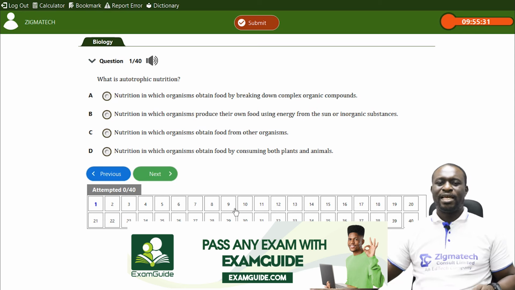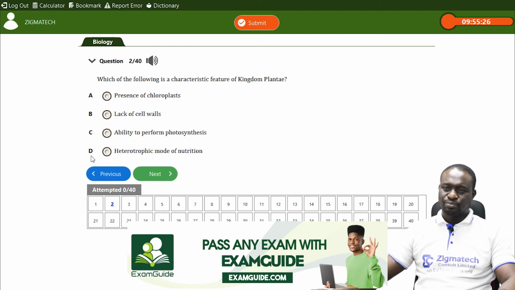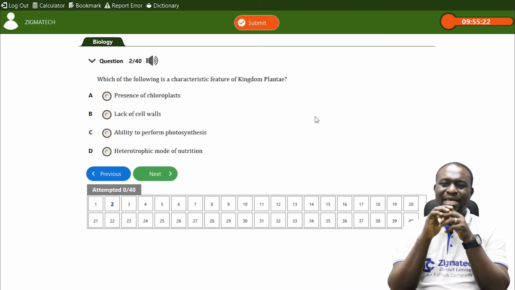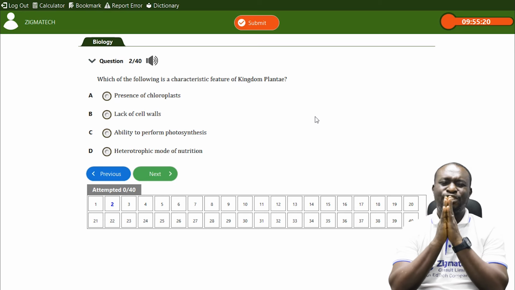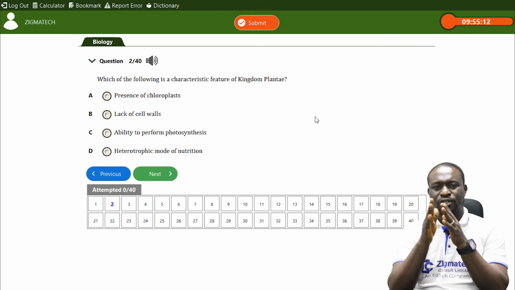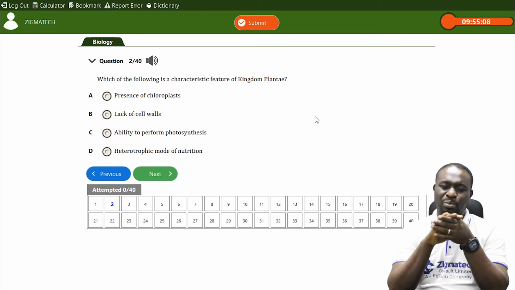Okay? Now quickly, let's move to the second question. Question 2: which of the following is a characteristic feature of kingdom Plantae? This question was gotten from the topic classification of living things.